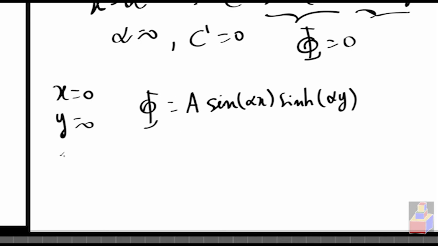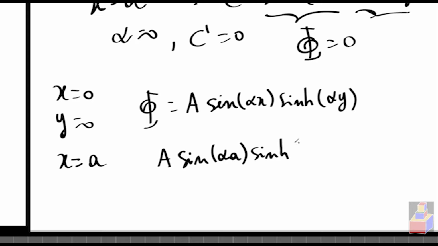So now we move on to x equals a. We're going to have A sine of alpha a, hyperbolic sine of alpha y equals 0. Recall that y is between 0 and b. Okay? So now I can have two possibilities.